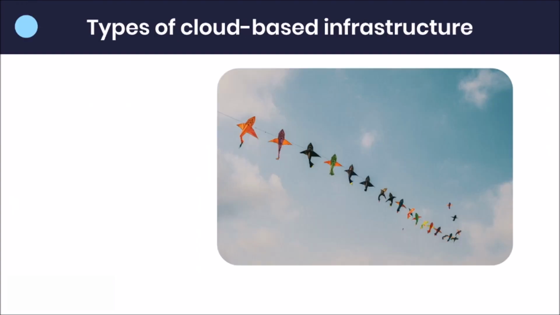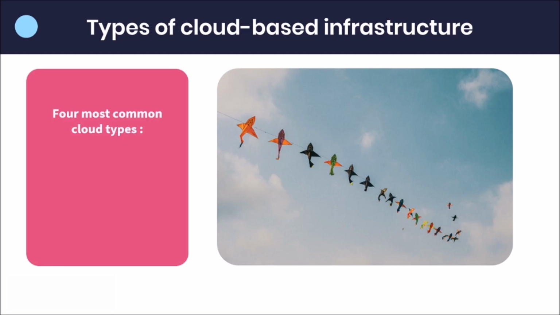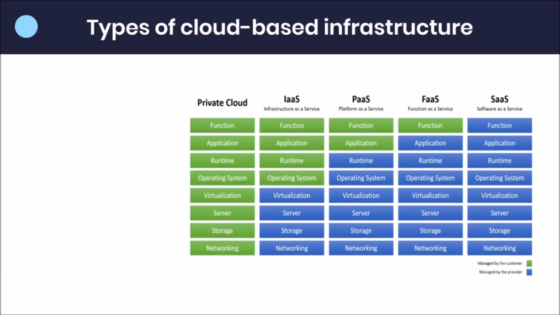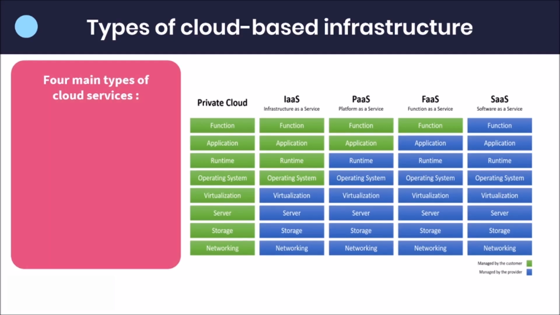An organization will choose a cloud-based service that suits the nature of its business and their pocket. We are going to look at the 4 most common cloud types that are adopted by businesses. They are private clouds, public clouds, hybrid clouds, and multi-clouds. As you can see in this table, there are also 4 main types of cloud services available to businesses.